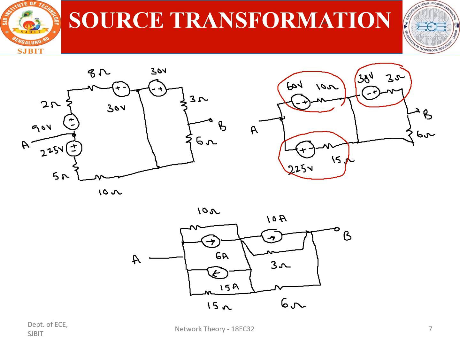Now we can see that here. So 15 amps and 6 amps are in different direction. This becomes 9 amps, and 10 ohm and 15 ohm are in parallel. That will be 6 ohm.